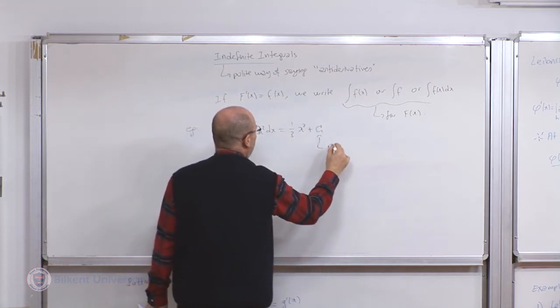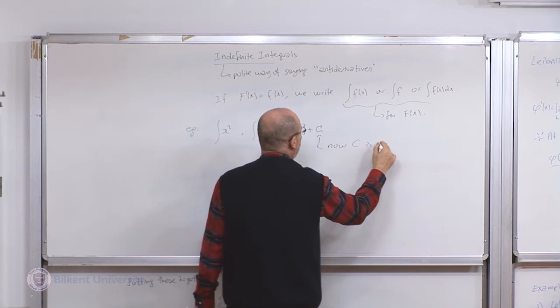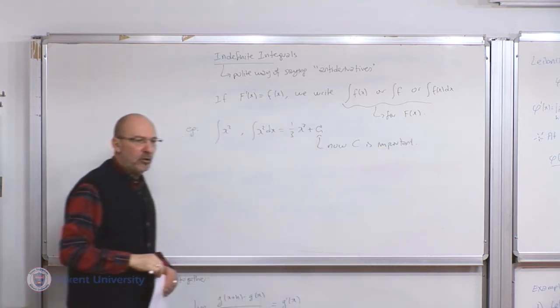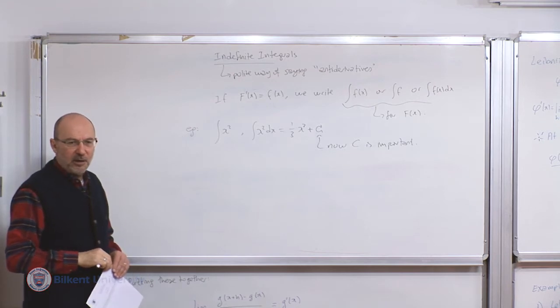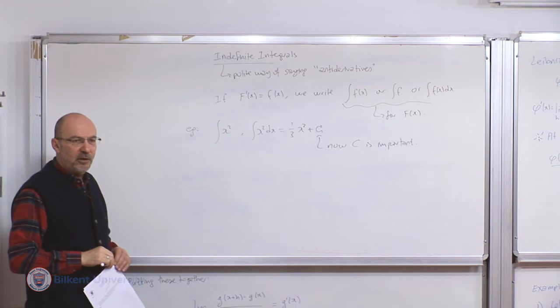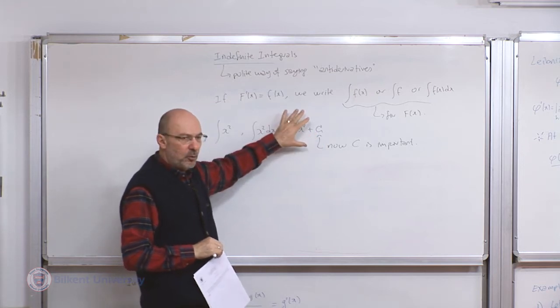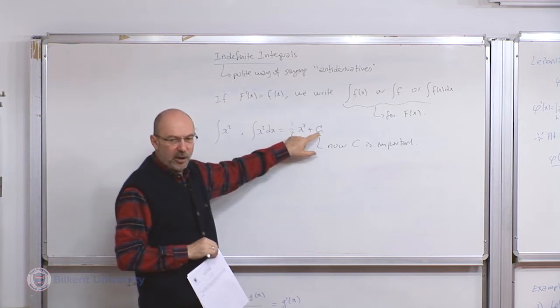Now c is important. By taking the antiderivative, you are producing something and you are promising that whoever needs this antiderivative can use your antiderivative. If you put 0 here, then only those people who need the constant 0 can use it.